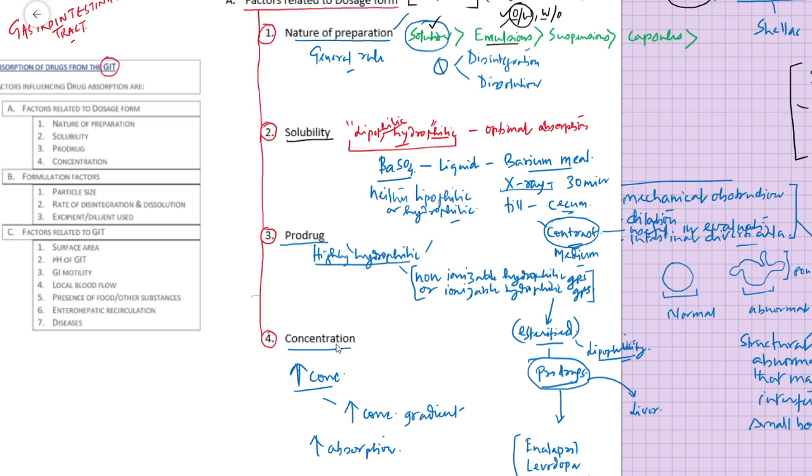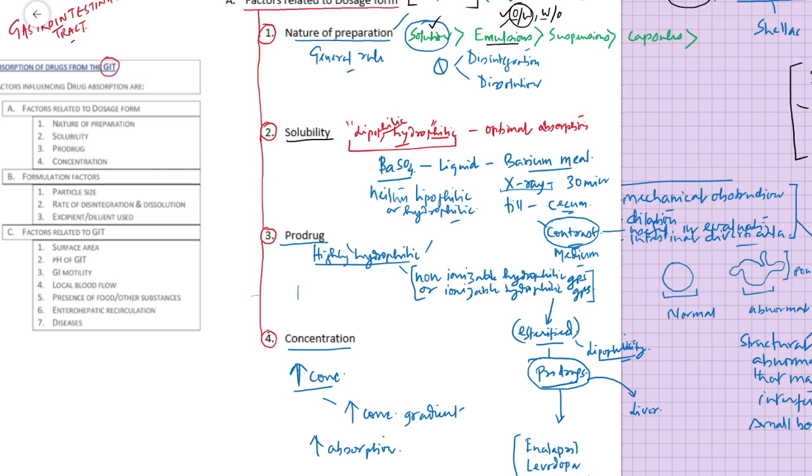Okay, so increased concentration of the drug increases absorption, because there are certain laws called Fick's law of diffusion, wherein the concentration gradient plays a role. So the point is, if there is increased concentration of the drug in the GIT, then it can result in increased absorption from the GIT.